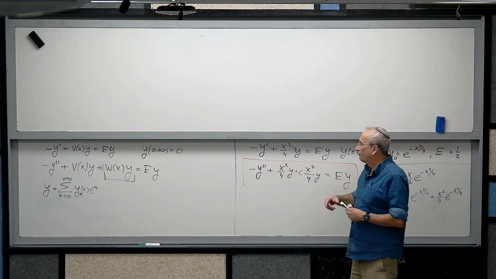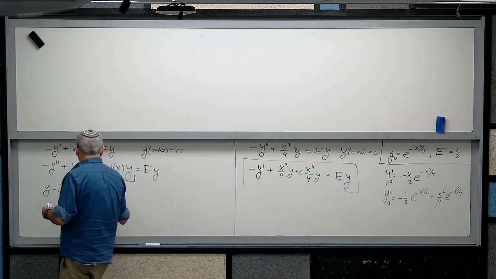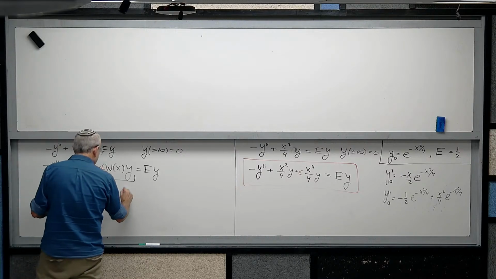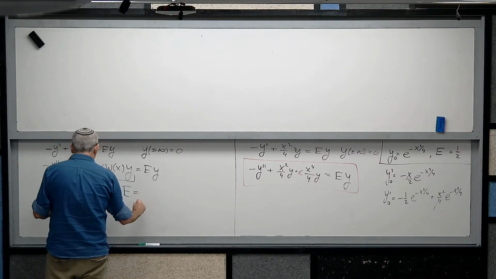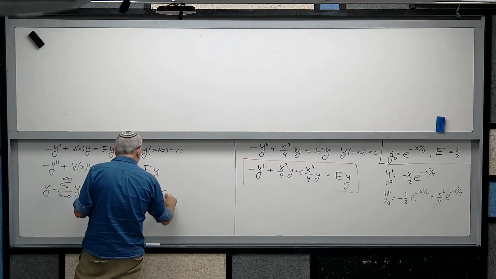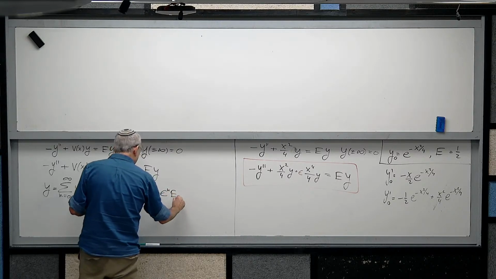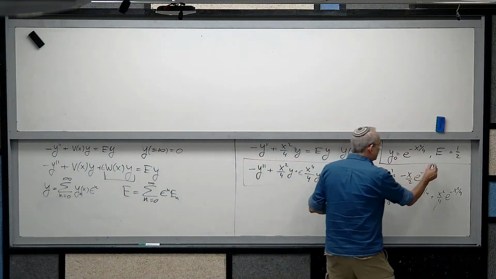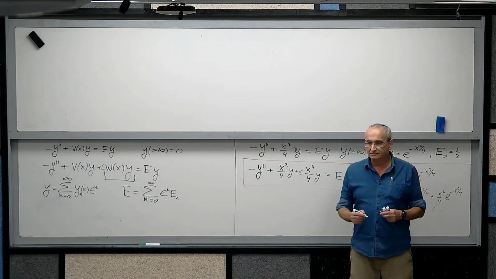So we must admit that not only y is such a series, but also E is a sum from n equals 0 to infinity of epsilon to the power of n E_n, where E_0 in this example is 1/2.